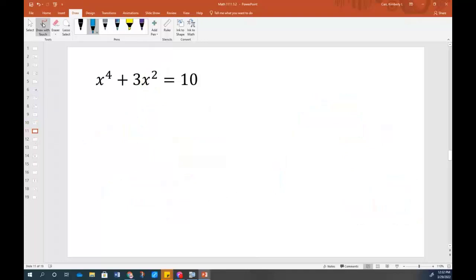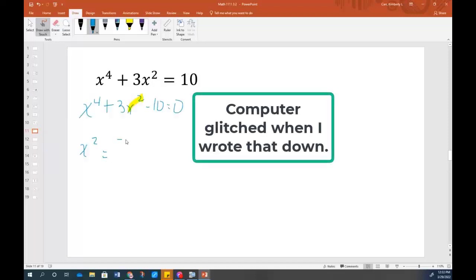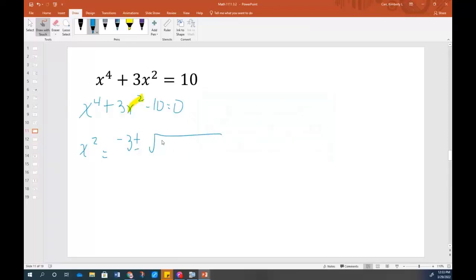First of all, you want to get it lined up, so we have x to the 4th plus 3x squared. x squared is equal to the opposite of b plus or minus the square root of b squared minus 4ac. Now, it's important that you realize that c is negative because we had to take it to the other side, otherwise it's going to cause a problem, all over 2a.